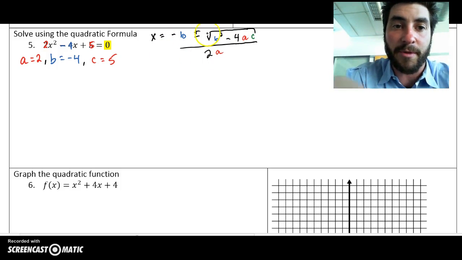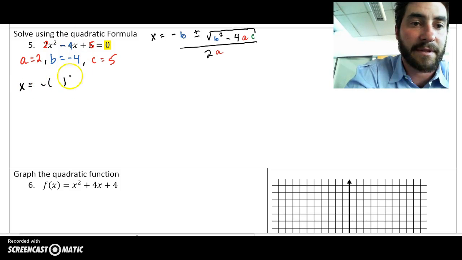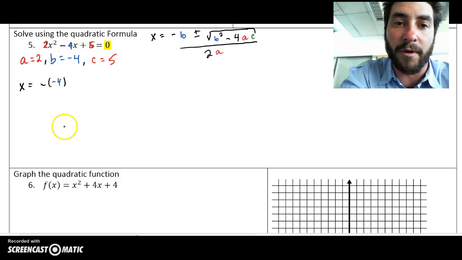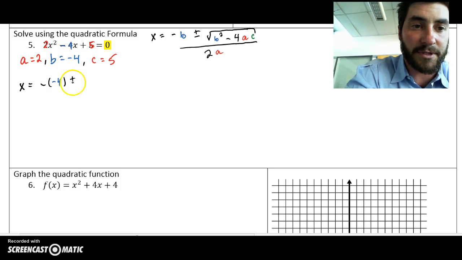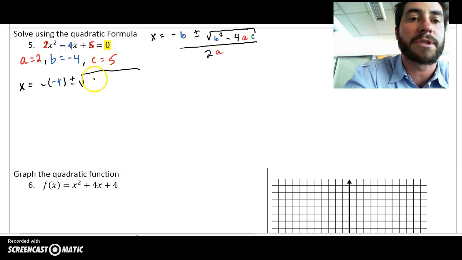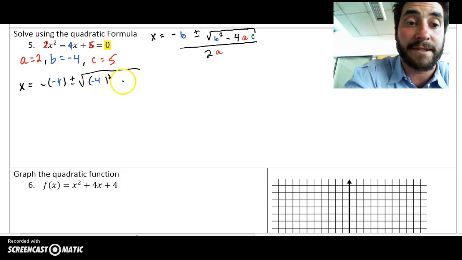Let's use this formula here, and let's rewrite. Let's go x equals negative b. B is negative 4, so negative 4, plus or minus the square root of b squared. Use parentheses.